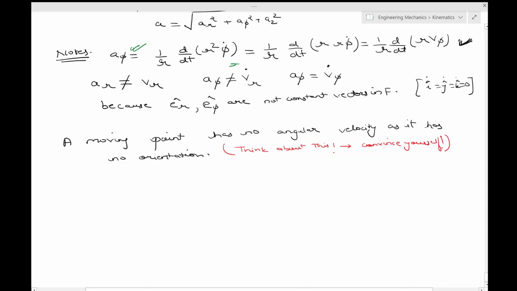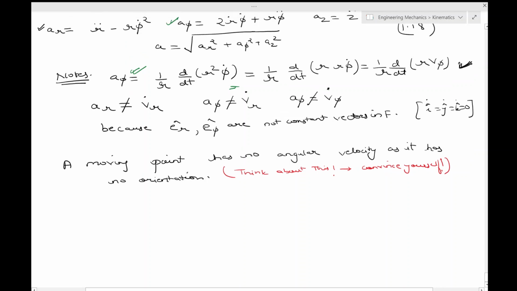Just like AR is not equal to VR dot, and A phi is not equal to V phi dot, I'm sorry, I should write this. Similarly, if you integrate AR and A phi, you will not get VR and V phi.